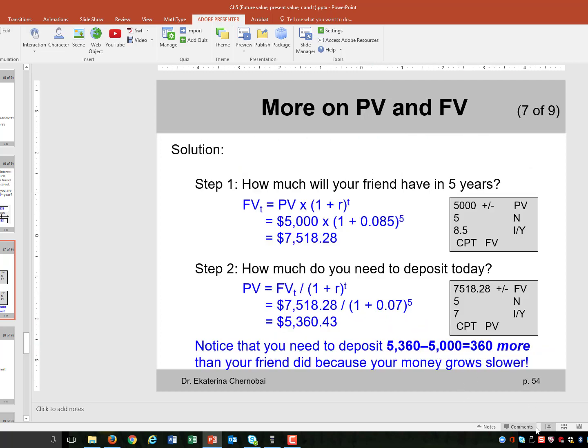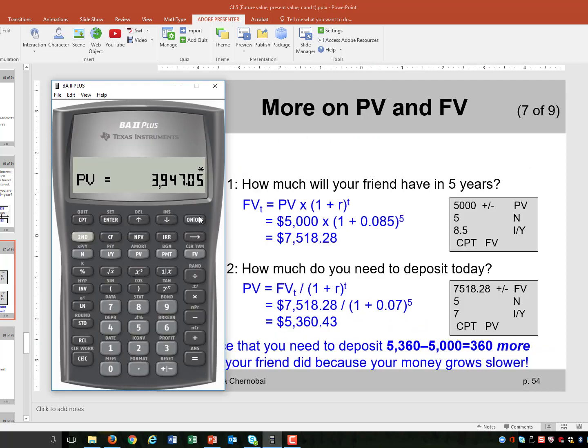Again, let's quickly do this in the financial calculator. Step 1, your friend's future value, which will also be your future value. Your friend's present value, 5,000, negative present value. 5 years later, 5N, at 8.5% interest rate per year, 8.5 IY, what will be your friend's future value?